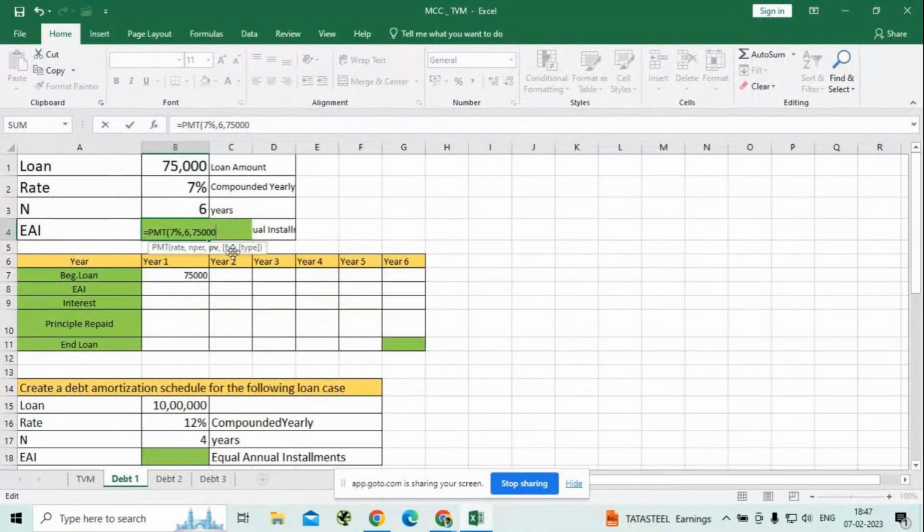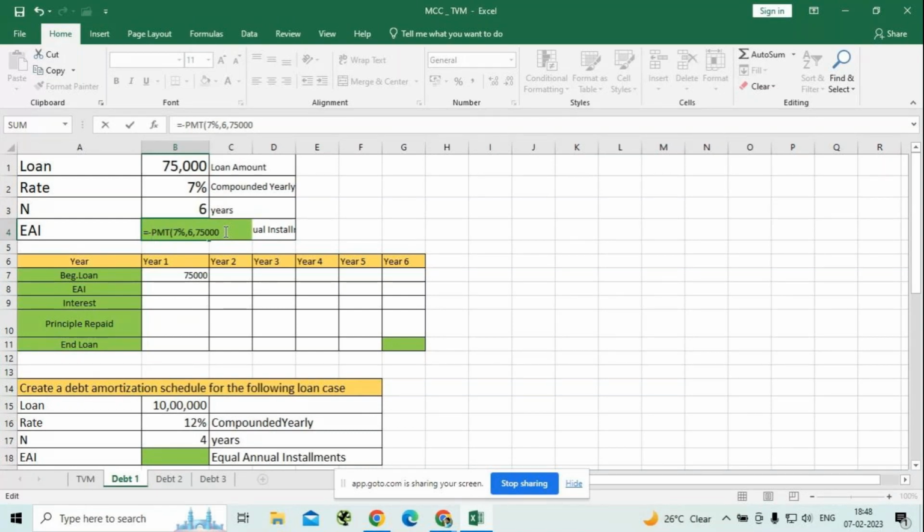Either you can put the minus before the 75,000, or you can add it; it works both ways. You should know why we are giving it as minus: it is not ethically correct, but only for the purpose of calculating, because this EAI amount is going out of my hand.